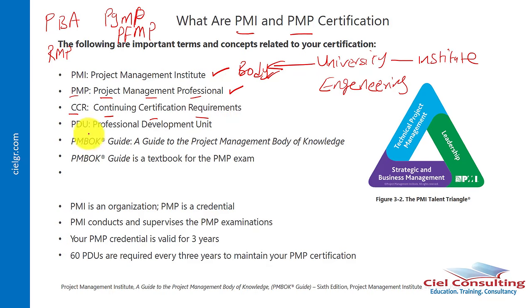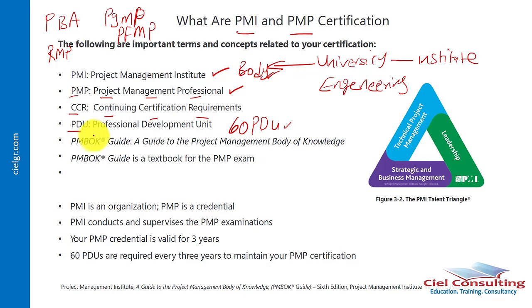So any hour spent in personal development will earn you what we refer to as a professional development unit. You need to report 60 PDUs, that is 60 professional development units, in order to maintain your certification. And how do you earn these PDUs? By taking up further professional certifications or training, as the case may be.